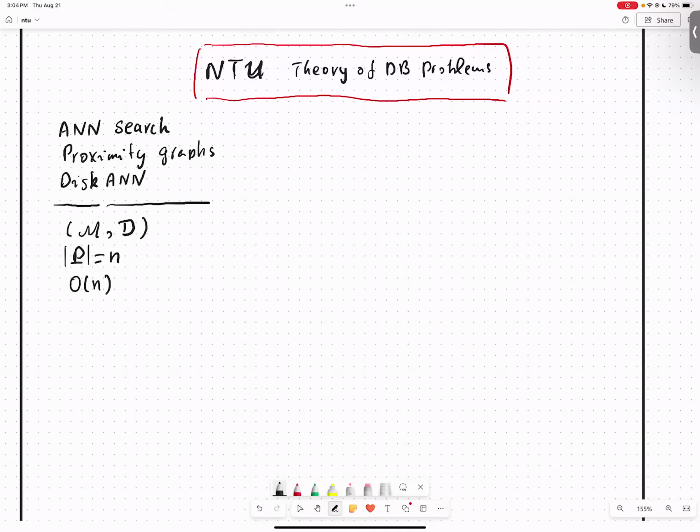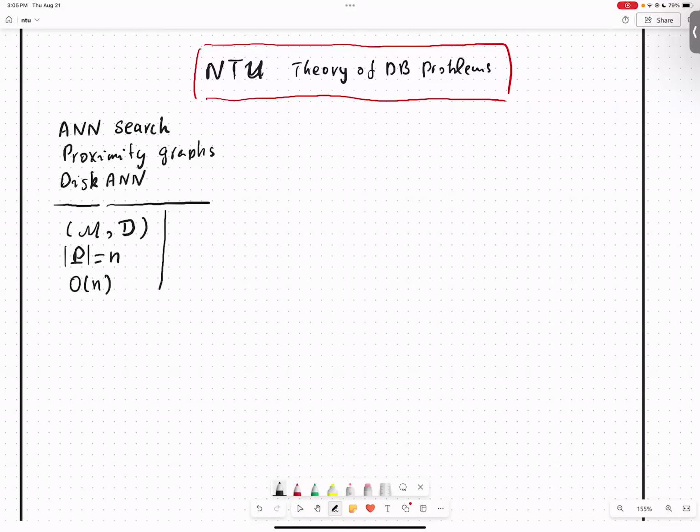So what does that mean? It means nobody can promise you a data structure with the following property. Let's say I dare to say I have a way to construct a data structure in any metric space (M, D) that's well defined, a set and also a distance metric with those properties.